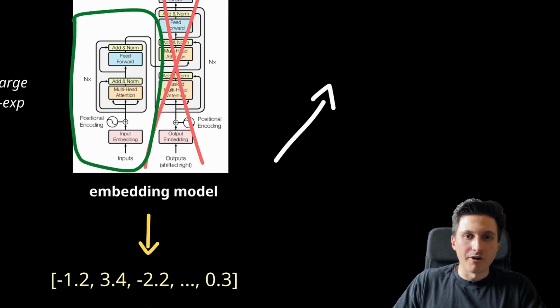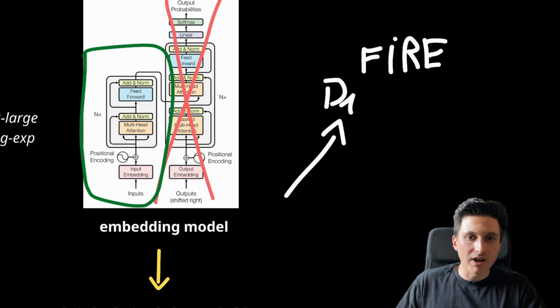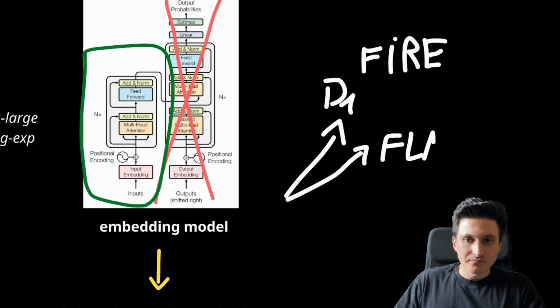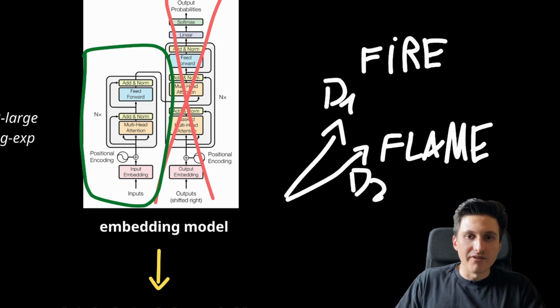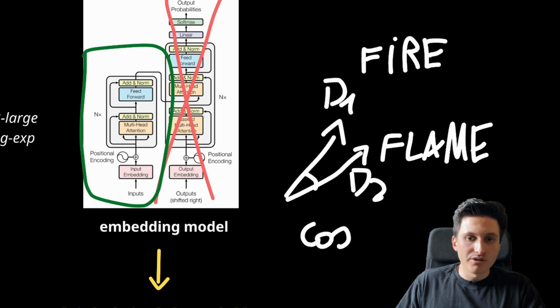But these numbers are very special in that if we were to plot them, for example, this is the vector of document 1, which contains the word fire, and if we also pass the word flame through our embedding model, then if the embedding model is any good, the vectors will be very close to each other. So we can calculate something like the cosine, and if the cosine is 1, the vectors are very close.